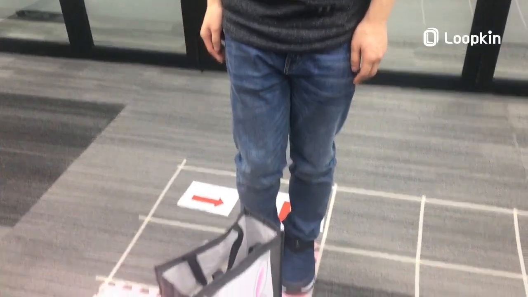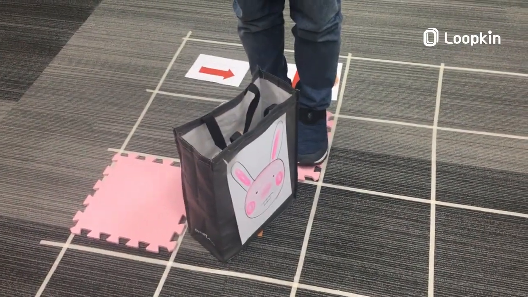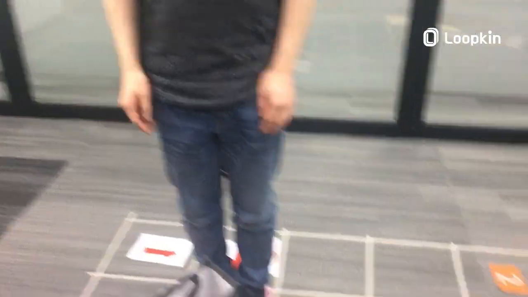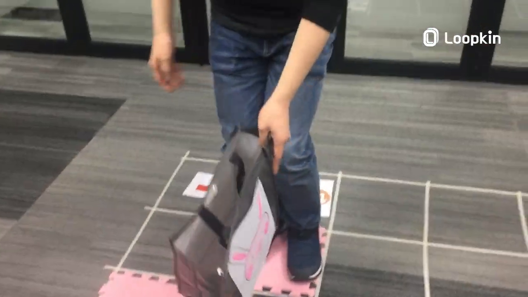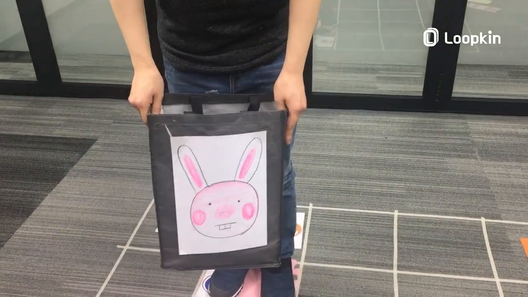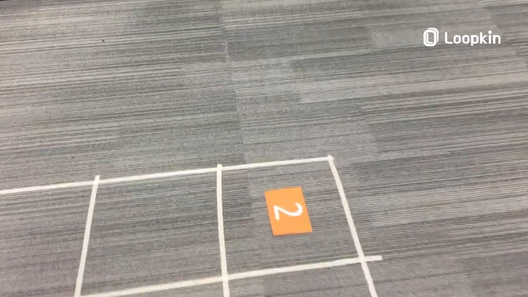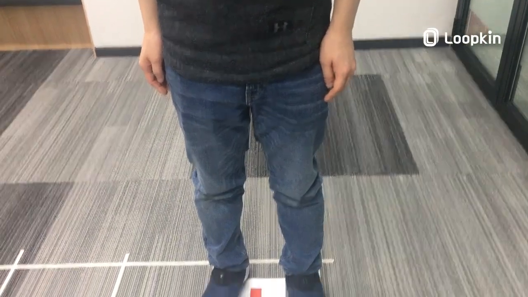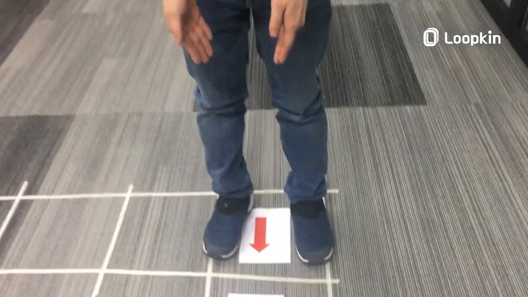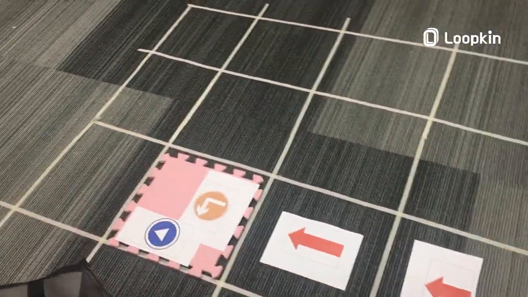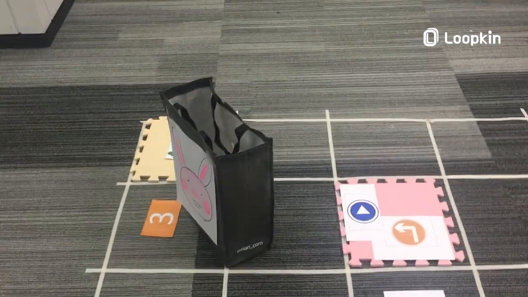Let's say our children actually caught a bunny bag this way. But according to the story, the bunny bag flies away to the next destination, which is indicated with these number panels. So let's say we put the arrows this way, which leads to this point where we can actually catch the bunny bag.